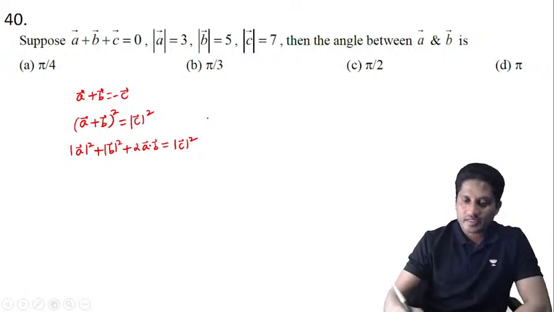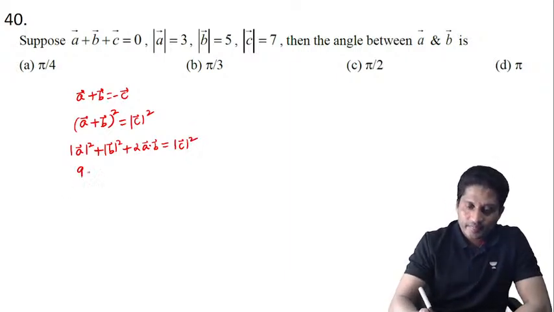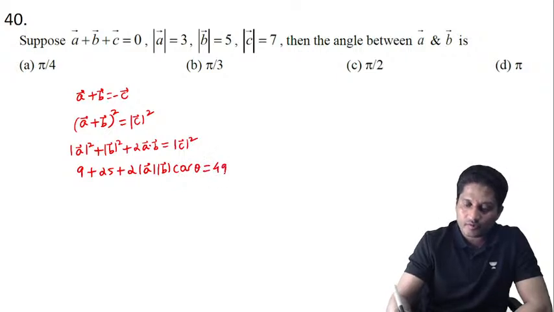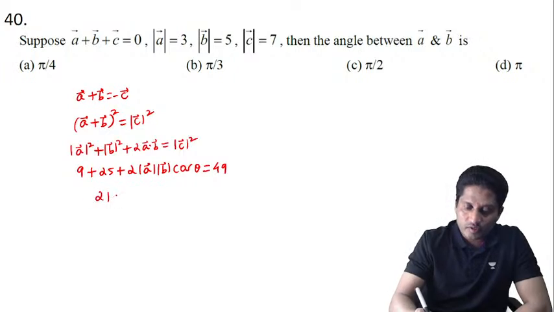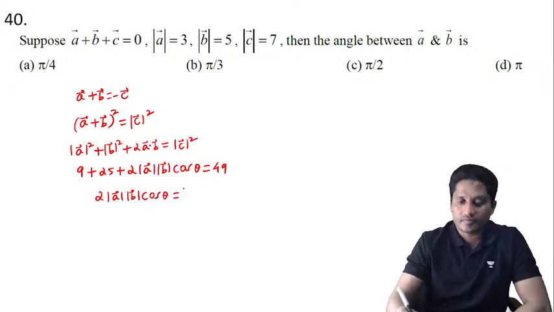Right, modulus of a is 3, right? So this becomes 9 plus 25 plus 2 times a dot b. A dot b is again mod a into mod b into cos theta. Right, and modulus of c is 7, so this becomes 49. Now if I shift to the right side, 2 times modulus of A into modulus of B into cos theta is equal to 49 minus 34, which is 15.